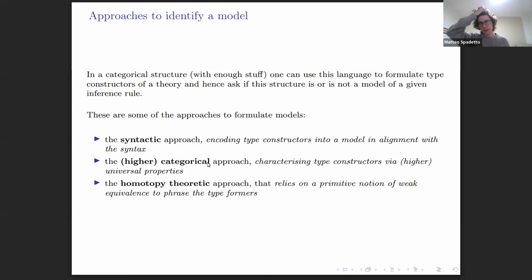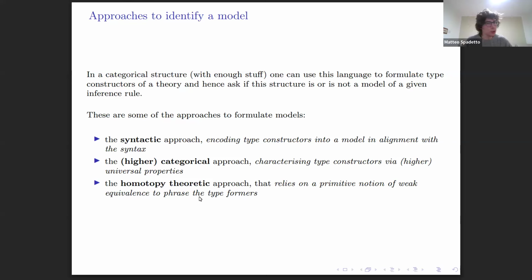So we use this other way to provide a more categorical characterization of type formers. And then I distinguish another approach, which you may regard as a part of the higher categorical approach. But for this talk, I wanted to maintain it distinguished: the homotopy theoretic approach, which is similar to the categorical approach in the sense that both these two approaches have in common that they do not explicitly refer to the syntax in principle.